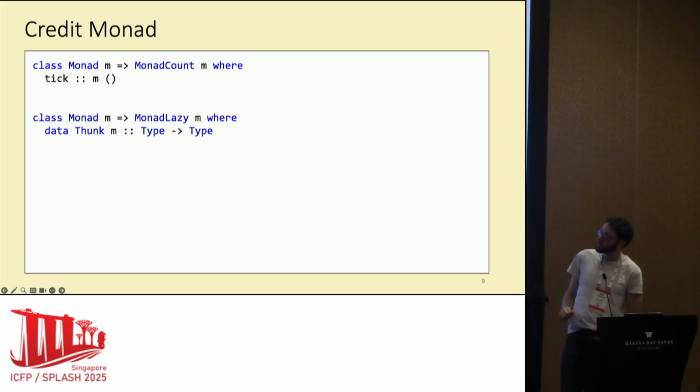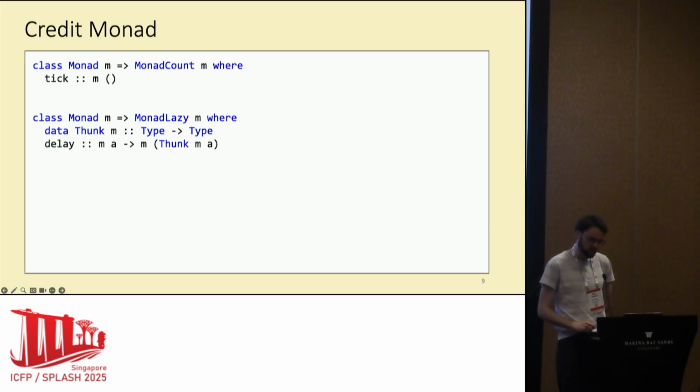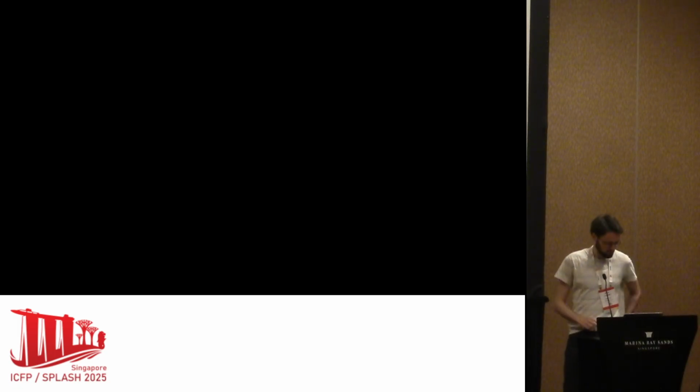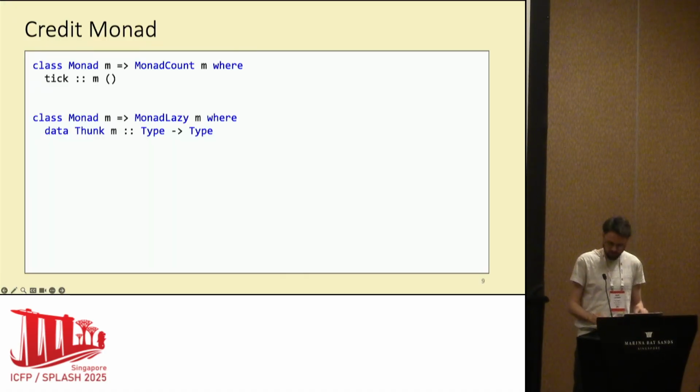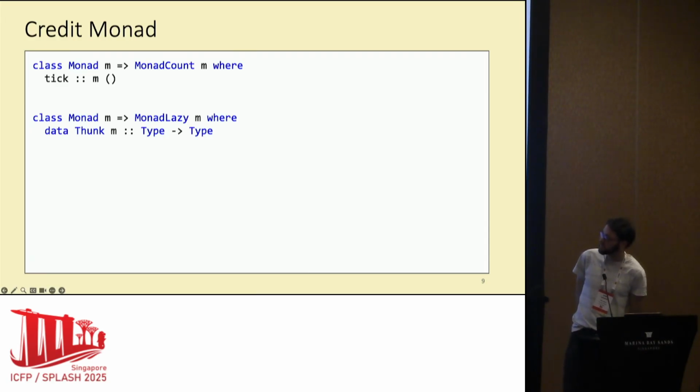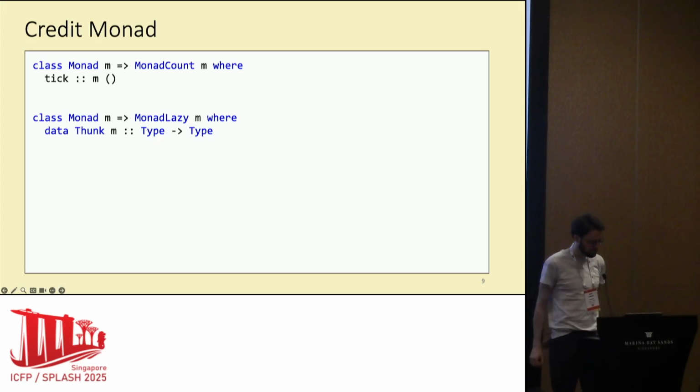Then I have a class called MonadLazy. And the idea behind this is that of course Haskell is a lazy language, but if we're writing a DSL, we actually need to model laziness ourselves, because we have to kind of reason about the laziness from the outside, so we can't use the implicit laziness that's already there.